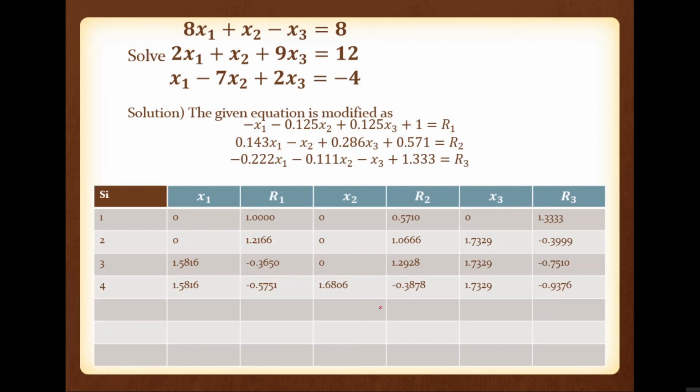So you can see that x2 is the relaxed one, so its magnitude is decreased. Definitely the variable that is relaxed, its residue will decrease. So here the residue value is decreased, but the sign is changed because W is equal to 1.3, meaning greater than 1. We are using over relaxation. So definitely the magnitude will decrease, but the sign will change.